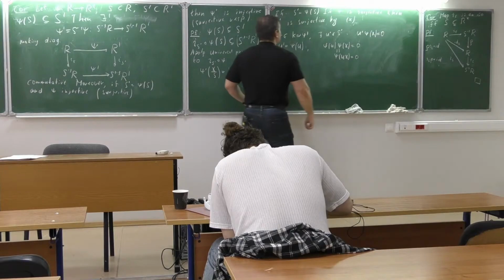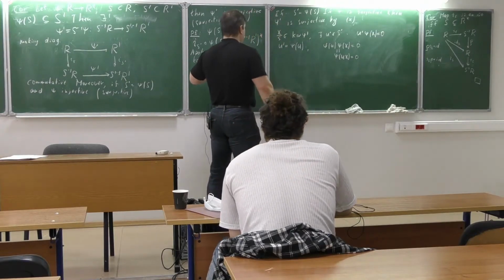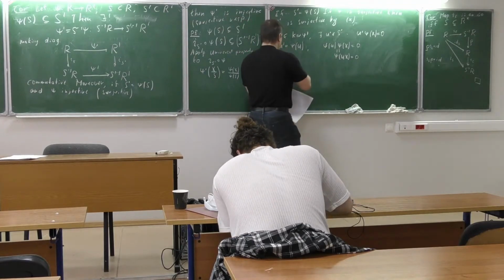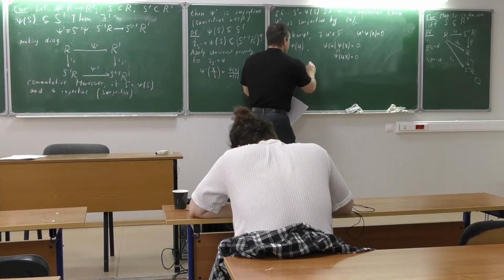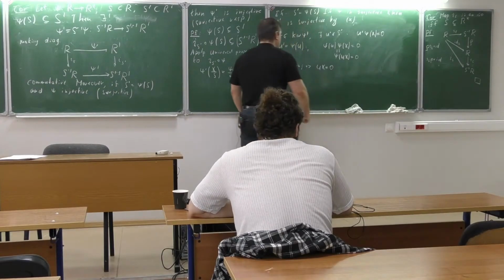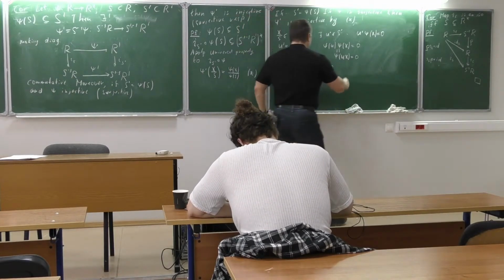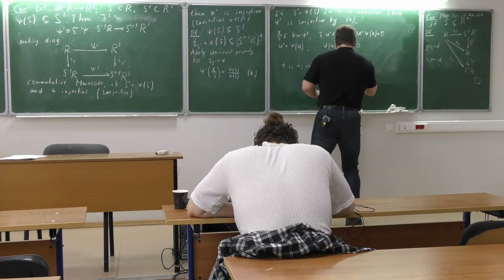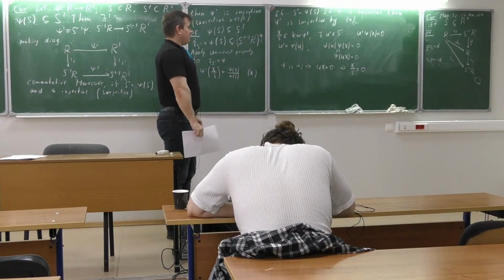We want to show that psi prime is injective, and we know psi is injective, so we can conclude that the product ux is equal to 0. But that's actually enough to conclude that the fraction x over s is equal to 0, right? So that's the end of the proof.